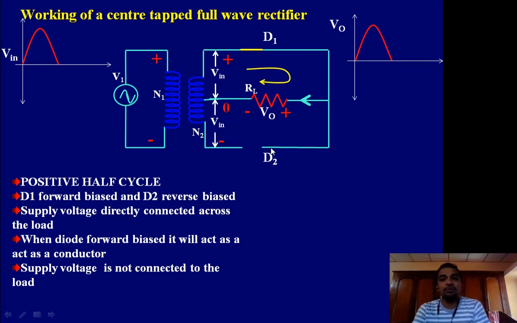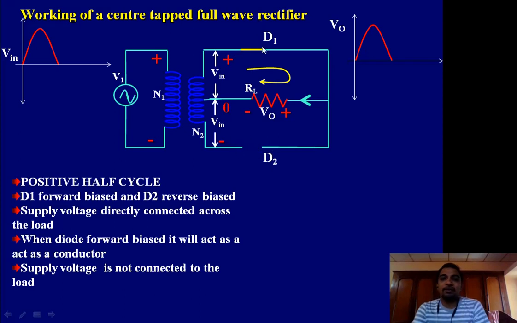So for D2, what is the maximum voltage? We can calculate by using KVL. See, this is one loop, this is the second loop. I take this second loop. So minus plus V in, minus plus V in. So the entire winding voltage is applied across this diode during the positive half cycle.